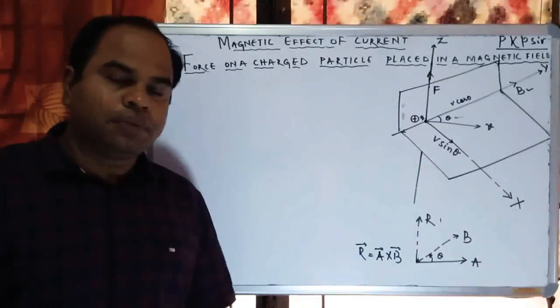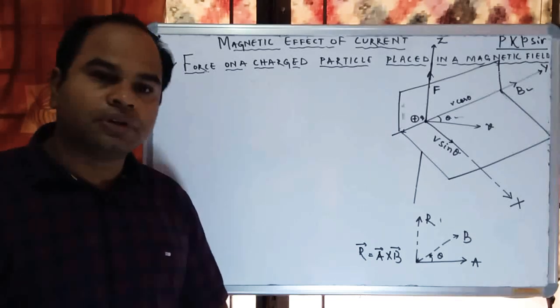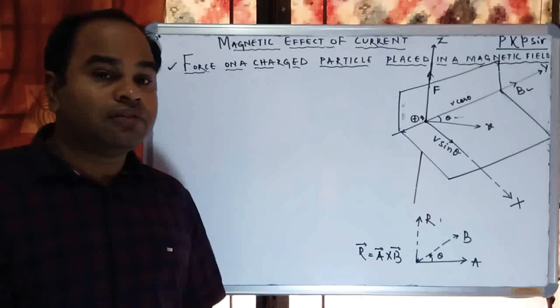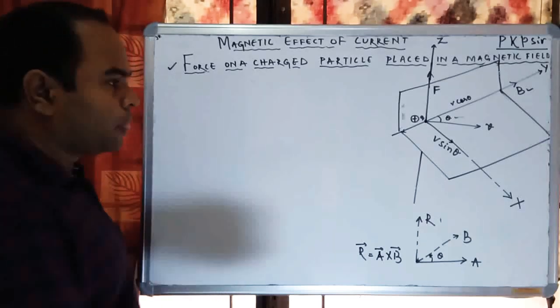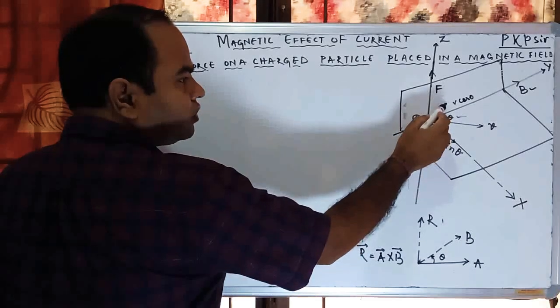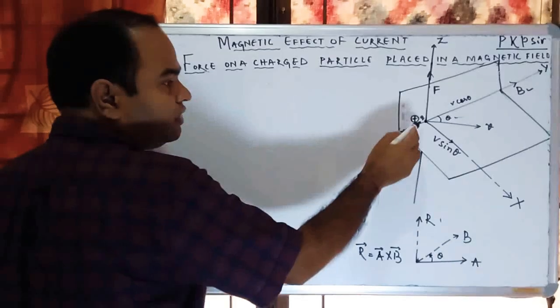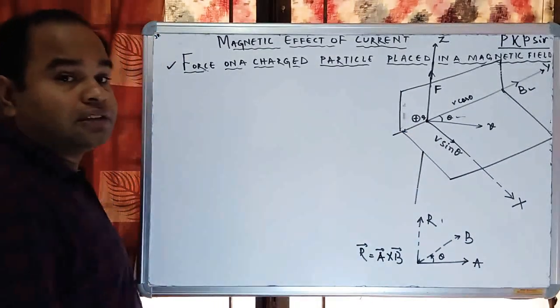We can break the velocity v into its rectangular components. It will have two rectangular components. One is v sin theta and second is v cos theta. V cos theta will be along the magnetic field, v sin theta will be along the x axis.